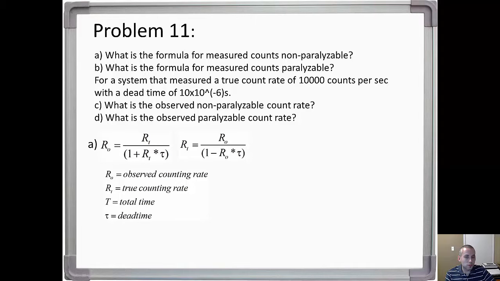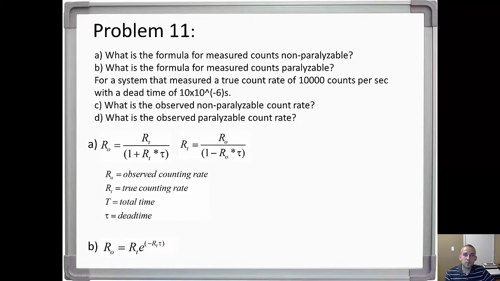So if this wasn't a rate, you would essentially divide this part by time. If it isn't with respect to rate, you don't need total time. Tau is the dead time. So this is just the same formula rearranged: true counting rate, and this is observed counting rate. This is for a non-parallelizable system.